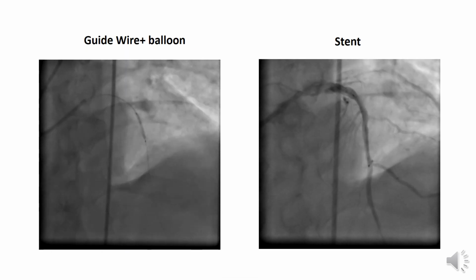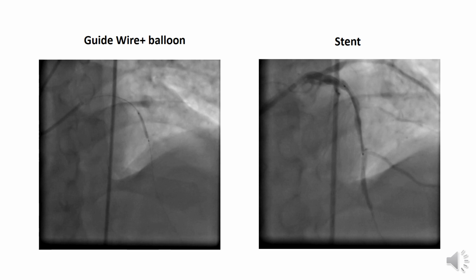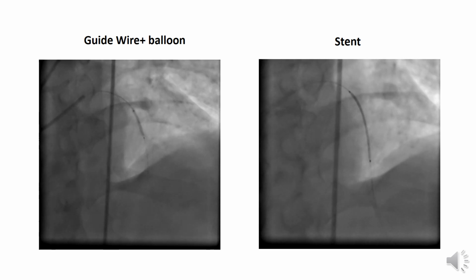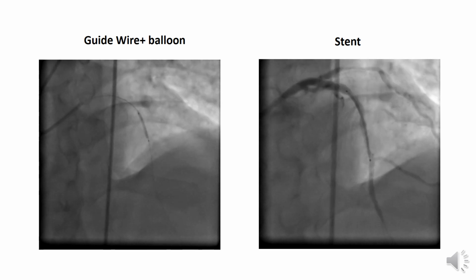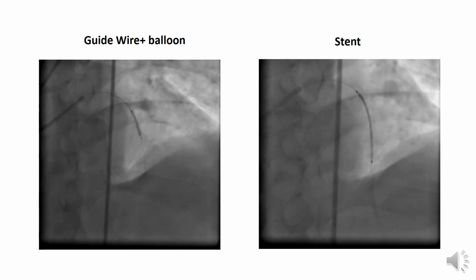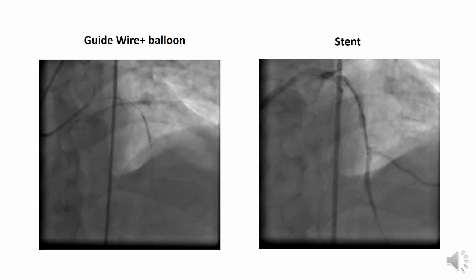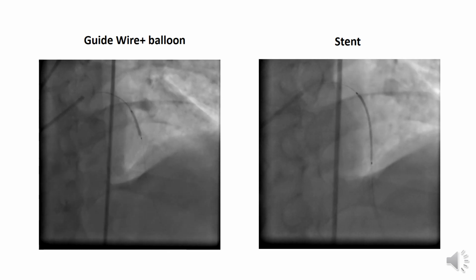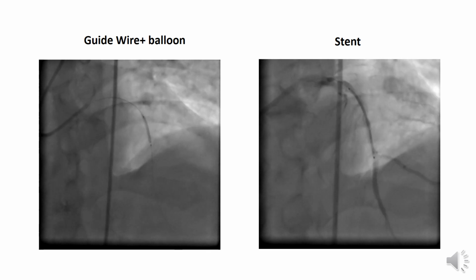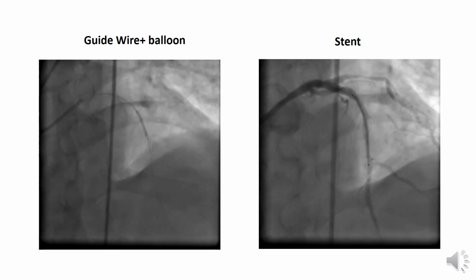Just a simple overview. Here we have a guiding catheter that is C-shaped, called the extra backup catheter or EBU catheter, and this view is a right cranial view, so we have this radio-opaque thing which is a guide wire across the vessel. We have something inflated with two dots which is a balloon.